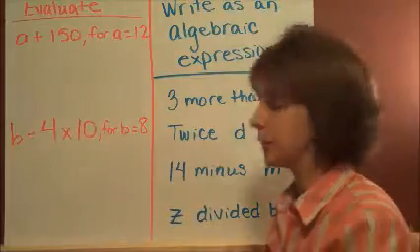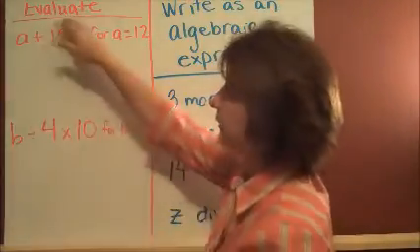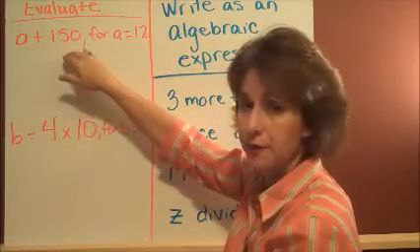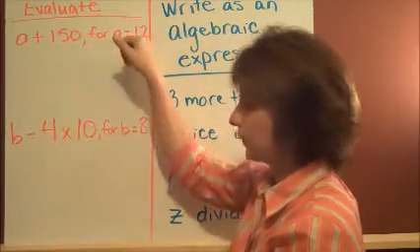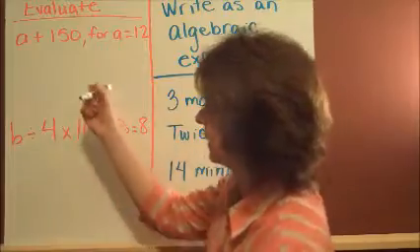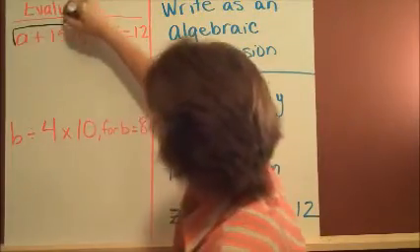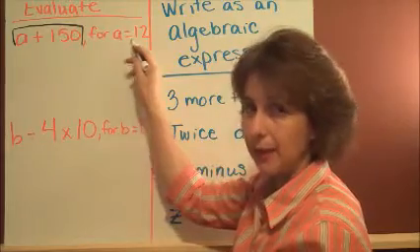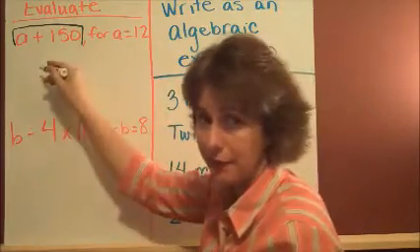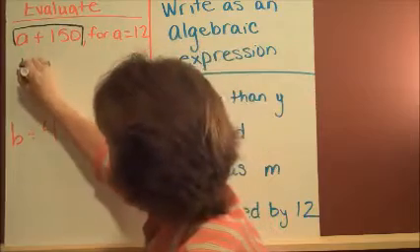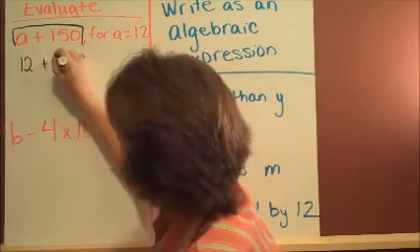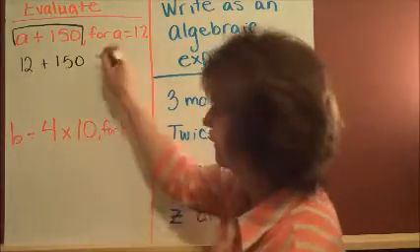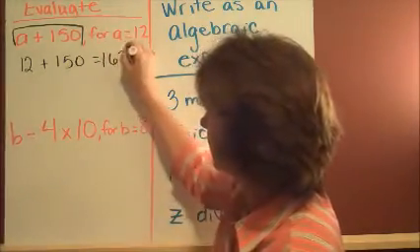So, let's do some practice. These say evaluate, and we're evaluating a plus 150 for a equals 12. This is the expression that I'm solving, and this says replace the a with 12. So take out the a and write 12 plus 150. And 12 plus 150 is 162.